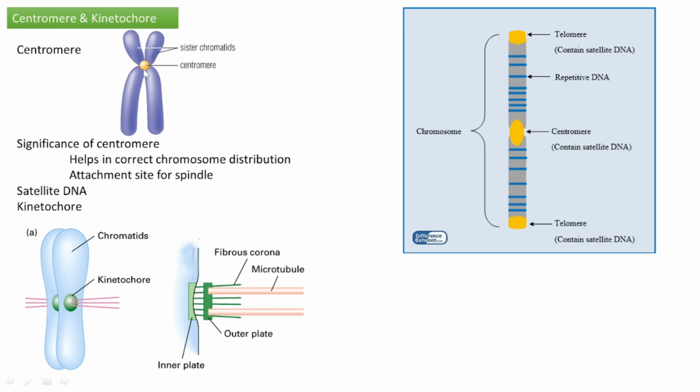The centromere is a small button-like coil that holds the two sister chromatids. Then, what is the significance of this centromere? Because of the presence of the centromere, it is possible for a cell to correctly divide the chromosome to its daughter cells. Clear?